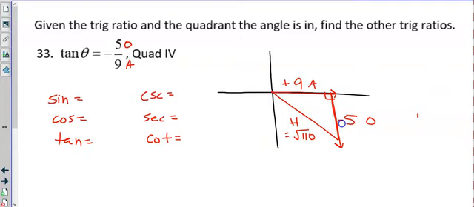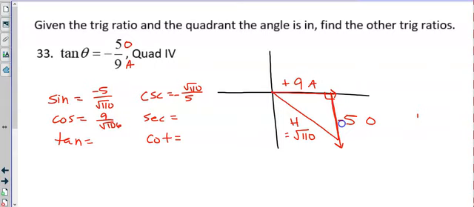So sine is negative 5 over square root of 106. Reciprocal of that would be square root of 106 over negative 5. Doesn't matter what that negative is. Cosine is 9 over root 106.